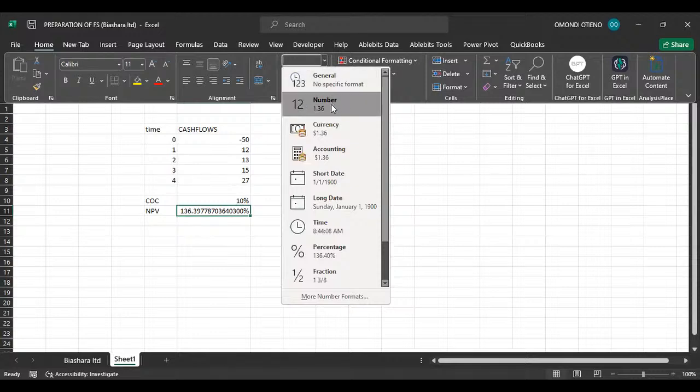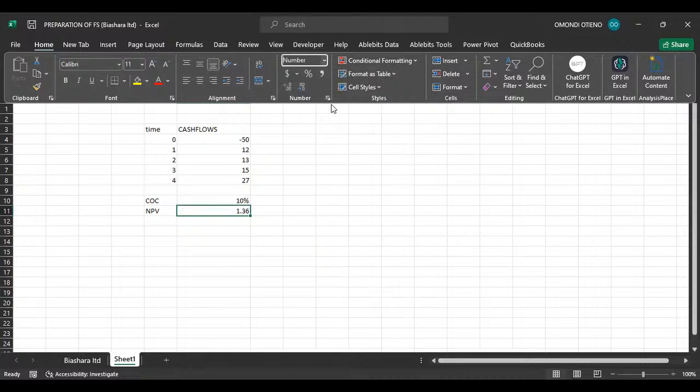So we simply want general or number. Even number is okay. So you can see this gentleman is getting an NPV of 1.36, of which he can increase the decimals to compare. If he increases the decimals, we are getting 1.3629.